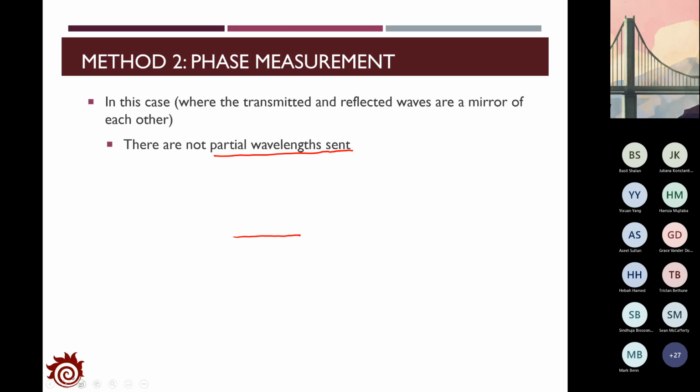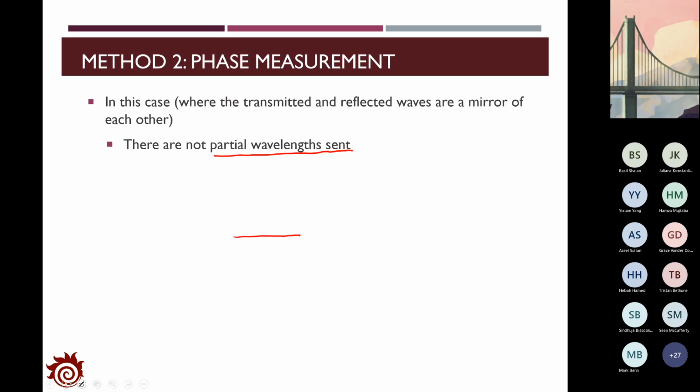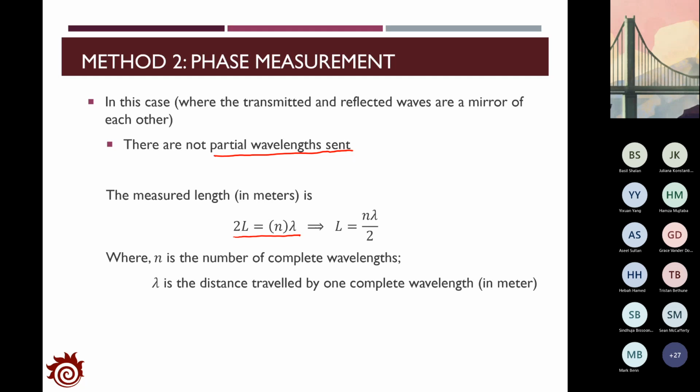Let me just go back to check whether I missed anything. Yes, it's the same thing. So with that, you can get the distance L equal to n times lambda divided by 2, as I showed on the previous page. N is the number of complete wavelengths, lambda is the length of each wave. So this is only for the case where you don't have any partial wavelength sent.